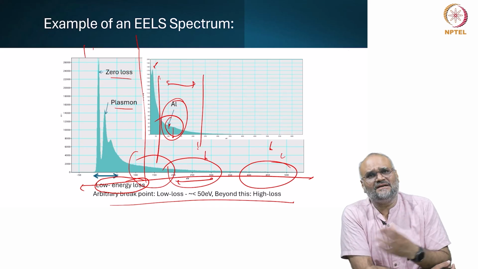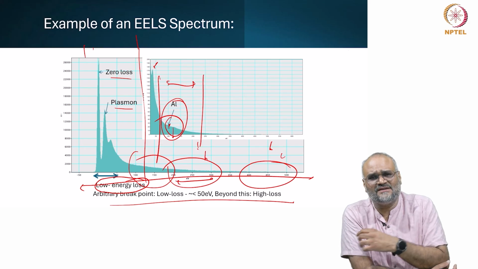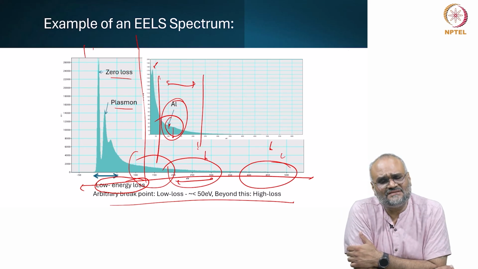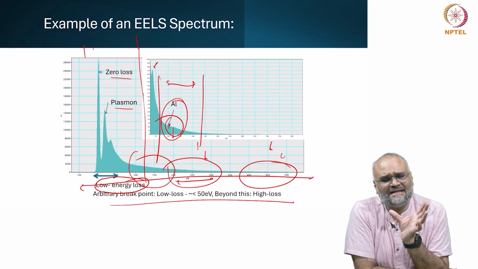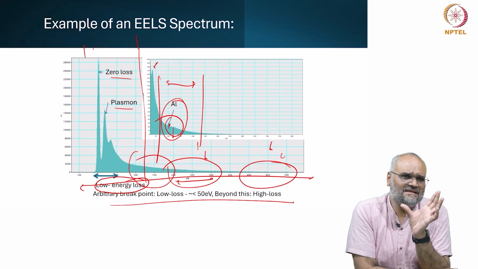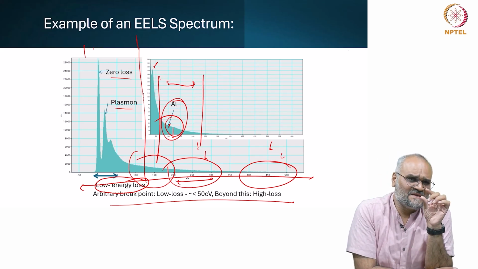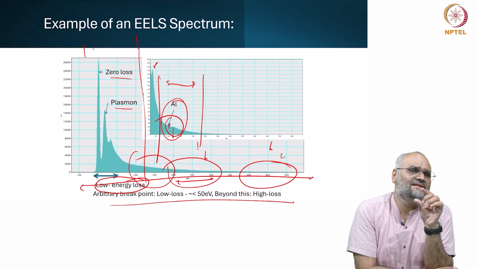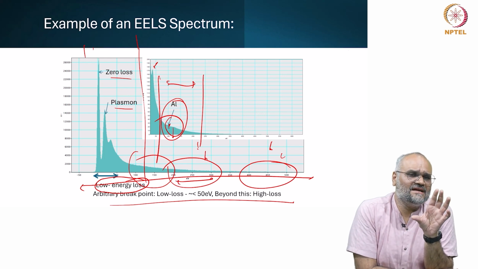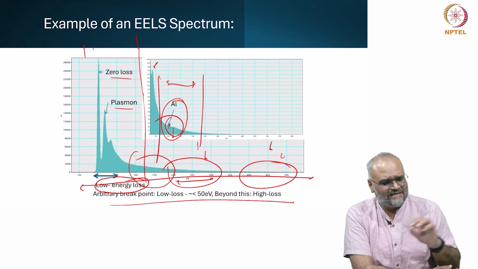So if I want to do a quantitative comparison between two different regions of a specimen, I should see that all the illumination details and the specimen thicknesses are consistent, and only then can I get meaningful quantitative EELS data.